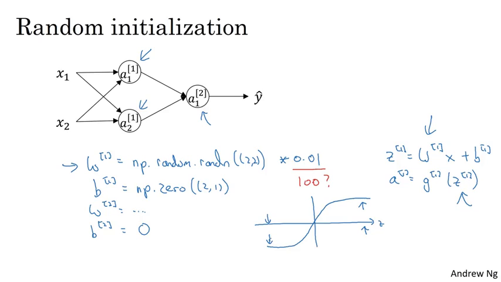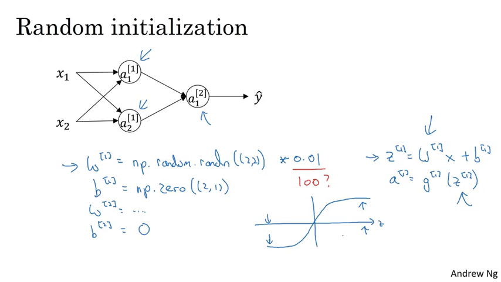So just to recap, if W is too large, you're more likely to end up, even at the very start of training, with very large values of Z, which causes your tanh or your sigmoid activation function to be saturated, thus slowing down learning.